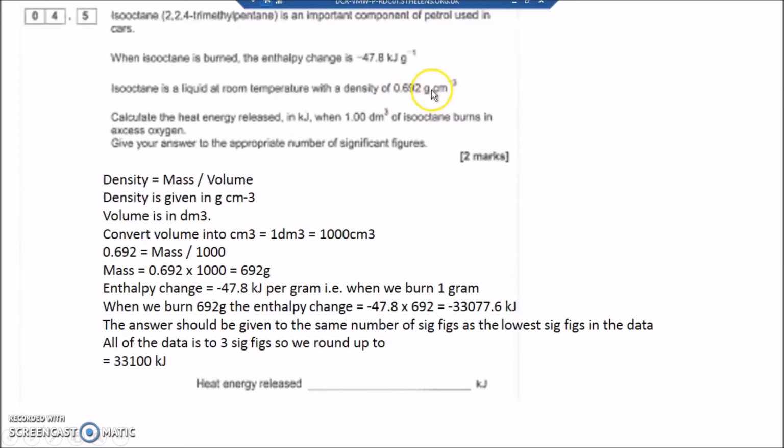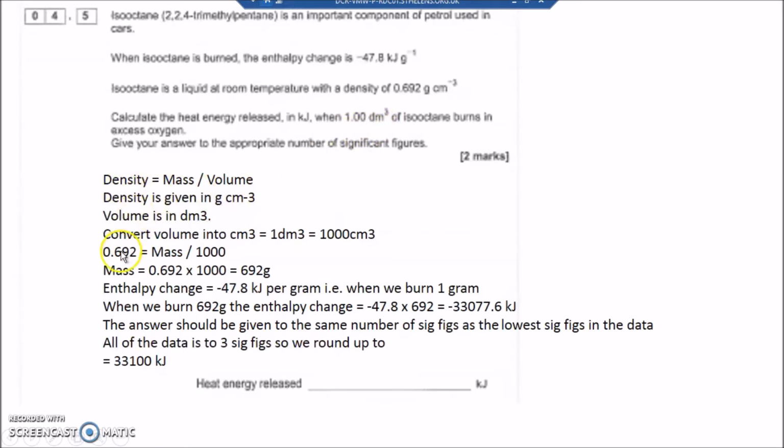I've been given 1.00 decimeter cubed, so I've got the volume, but it needs to be in centimeters cubed. So how do I convert 1 decimeter cubed into the smaller unit of centimeter cubed? I multiply by 1,000, so 1 decimeter cubed is 1,000 centimeters cubed.